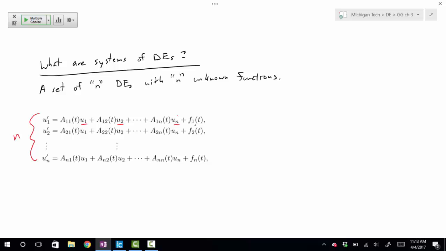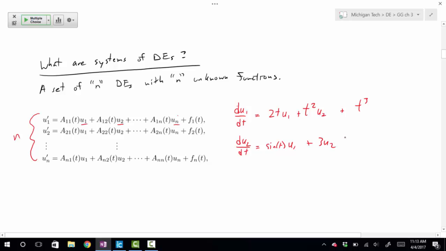Let's give a more specific case here. The derivative of u1 is equal to 2t u1 plus t squared u2 plus t cubed. And then the derivative of u2 is equal to the sine of t times u1 plus 3 u2 plus t minus 1.